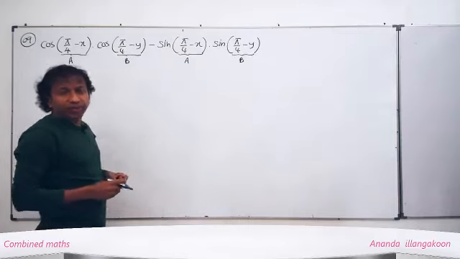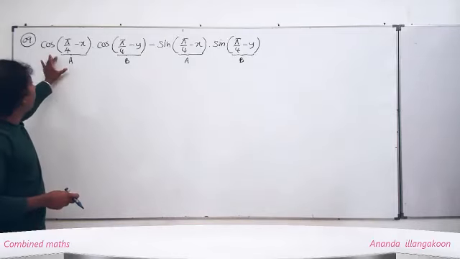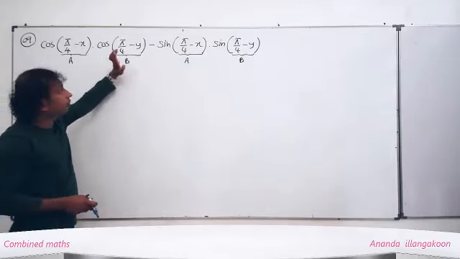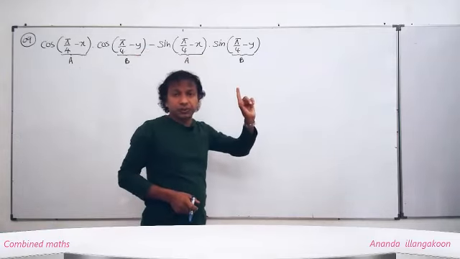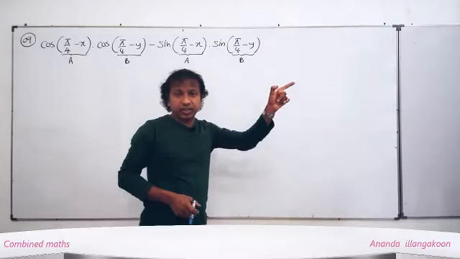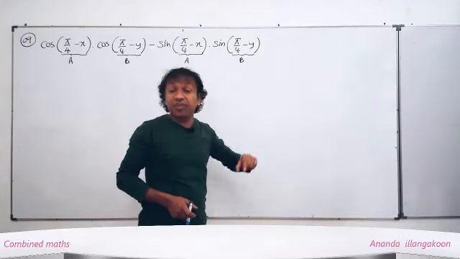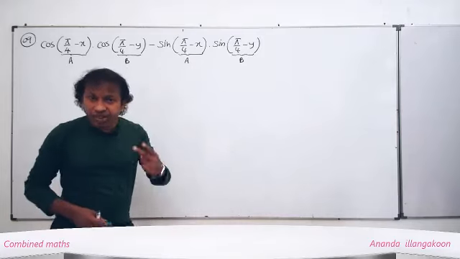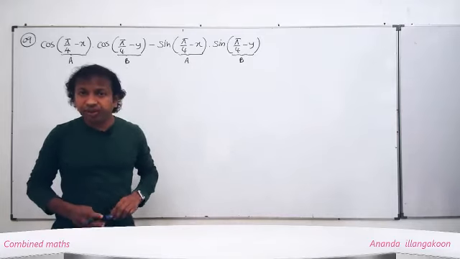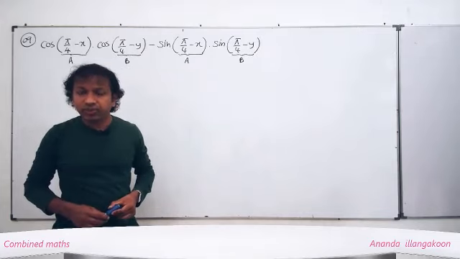Then, people, what do you have there? It's like now cos A cos B minus sin A sin B. Cos, sin, in the middle minus. People, this is coming by what? Cos A plus B. Go to that cos A plus B, our second formula under the AB formula, cos A plus B, right?